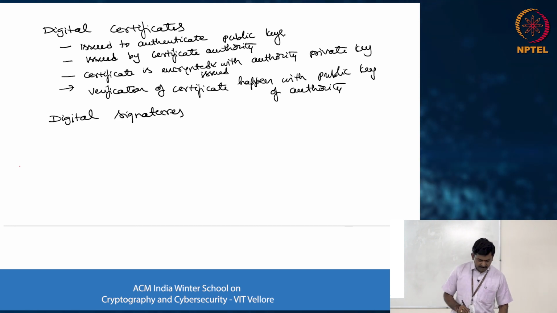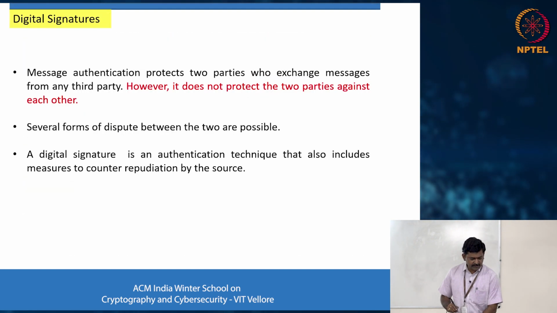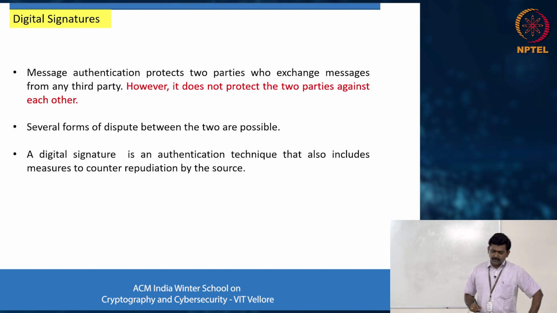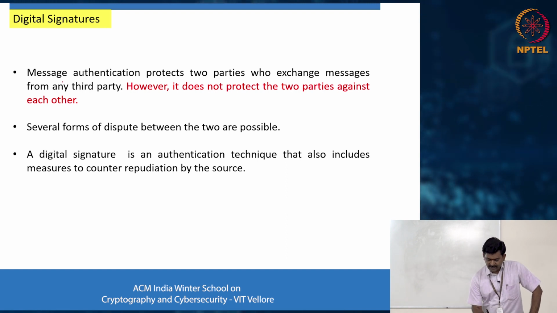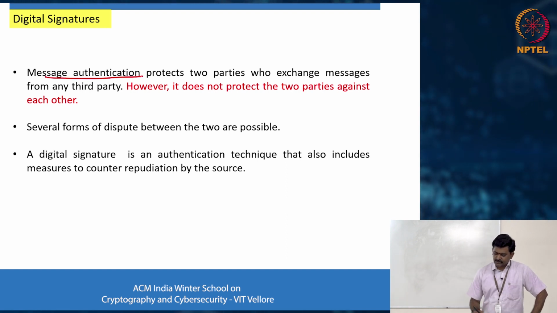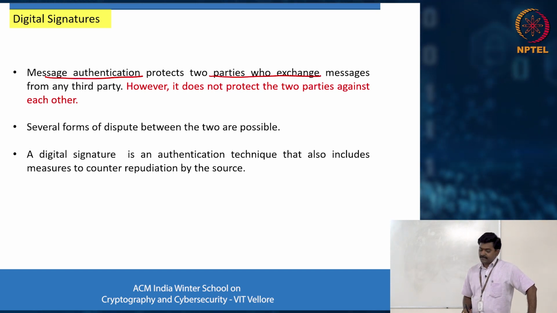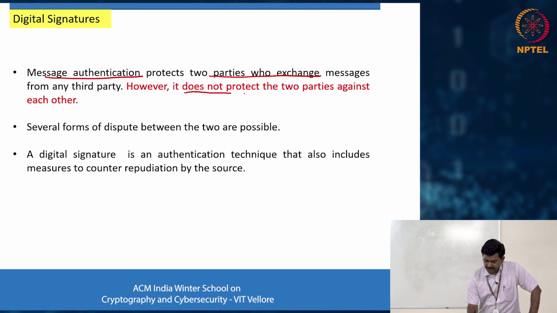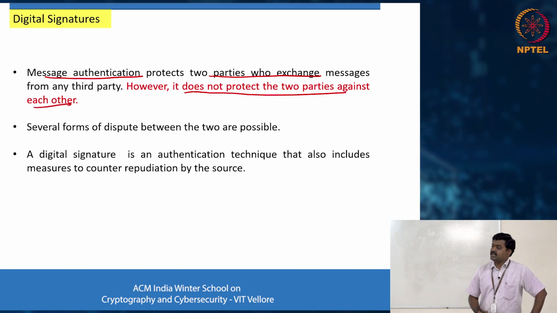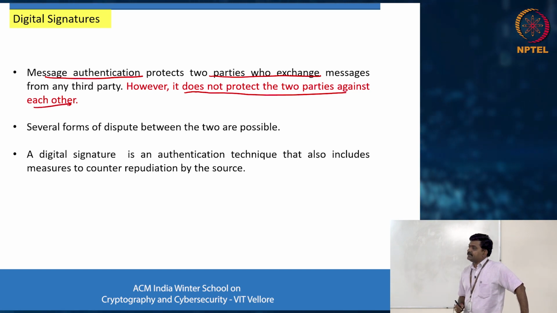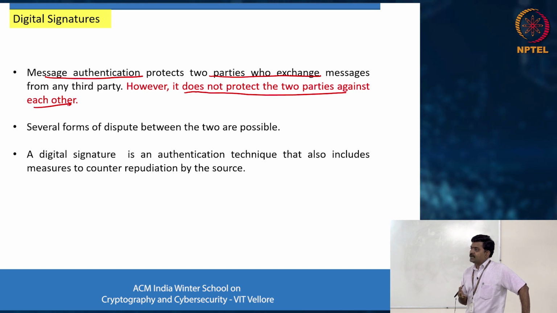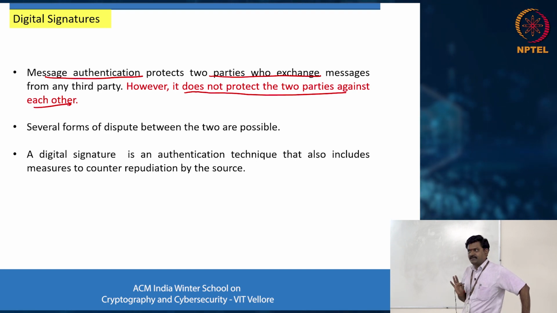So the purpose of digital signatures, if you notice, is this: generally, message authentication protects two parties who exchange messages. However, it does not protect the two parties against each other. What is meant by that? So far, when Alice and Bob are interacting, there is someone called Eve who is either listening to the conversation or tampering with the conversation, right?